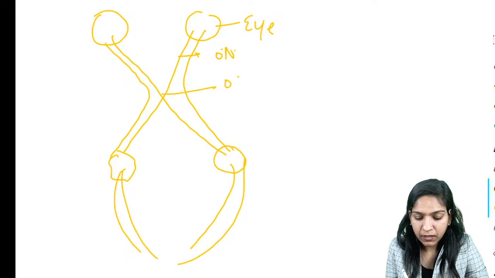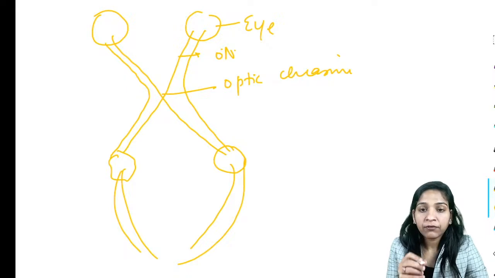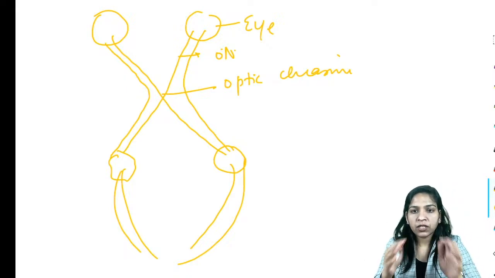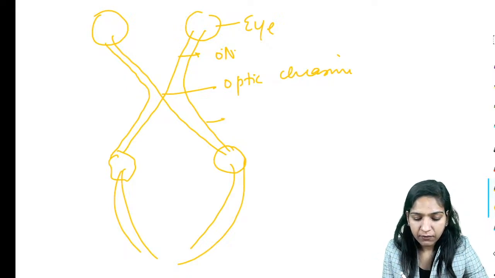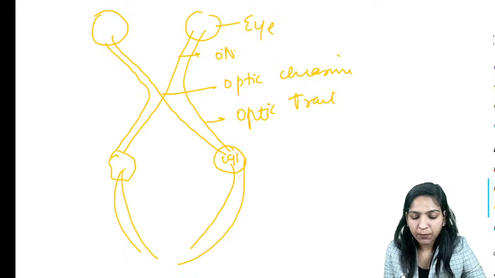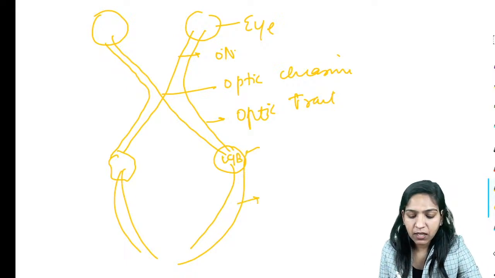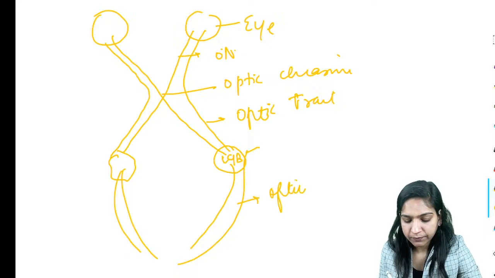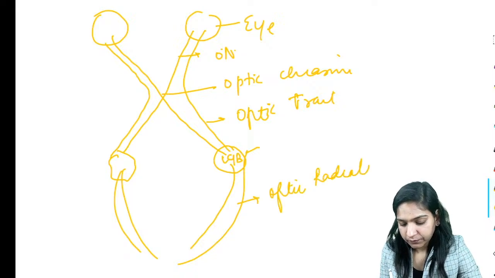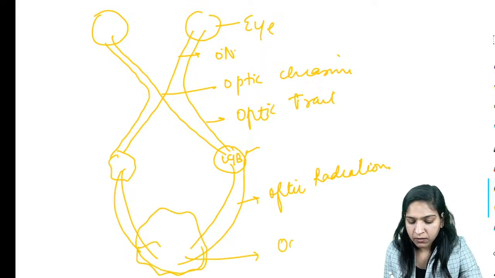This is the optic chiasma, right? After crossing from the optic chiasma, they will form optic tract, and then they will go to the lateral geniculate body. This is the lateral geniculate body, and after coming from the lateral geniculate body, they will form the optic radiations. Right, so this is the occipital cortex.